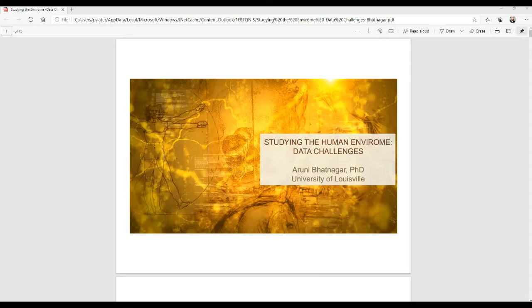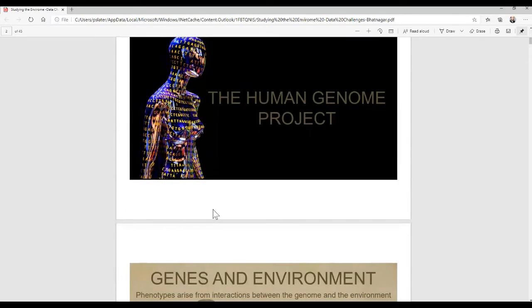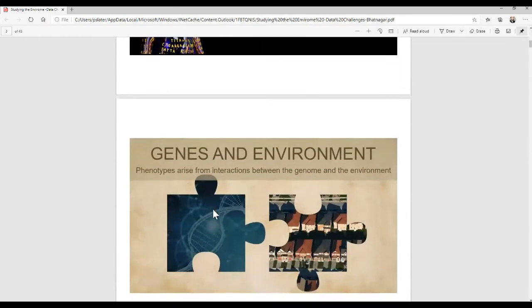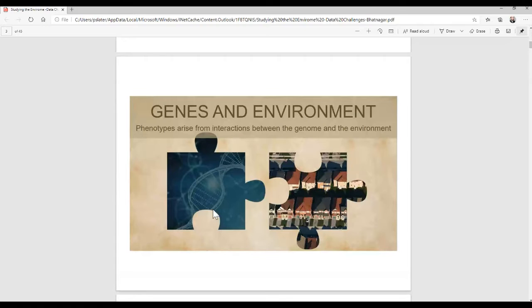Then we would be able to understand if there is any relationship between the environment and the genes. So what we started off was what we call the Envirome Project, and the project is to understand the complexity of the human environment and how it relates to specific human genetics.